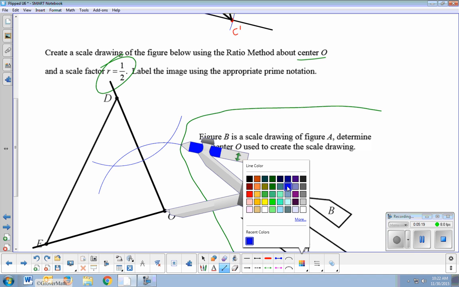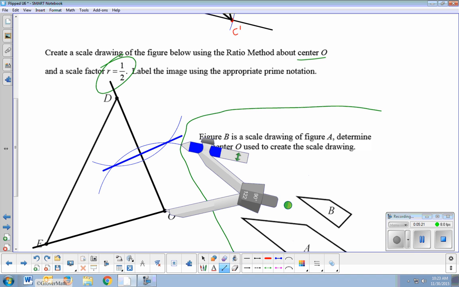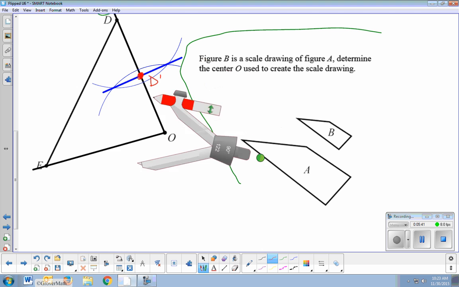And let me do this line in blue. Okay, so right here I found the image of what's going to be known as D prime, because this is the length of OD. Well, I found the length of OD prime, so it's going to be half the length because I found the midpoint of that line segment. All right, and we'll do the same thing over here.